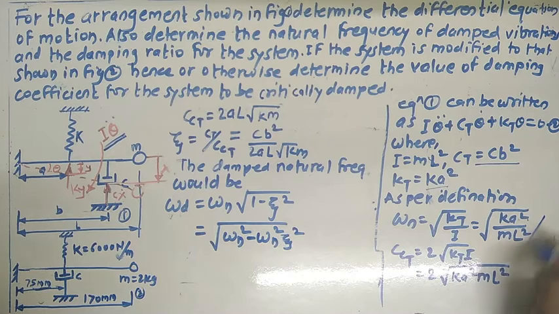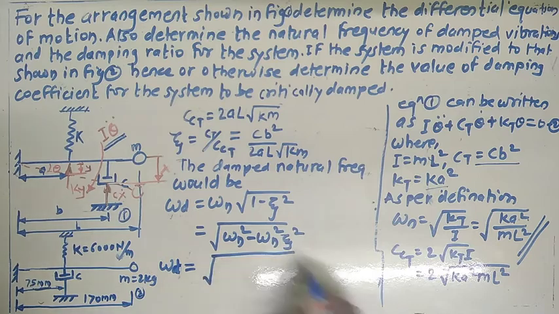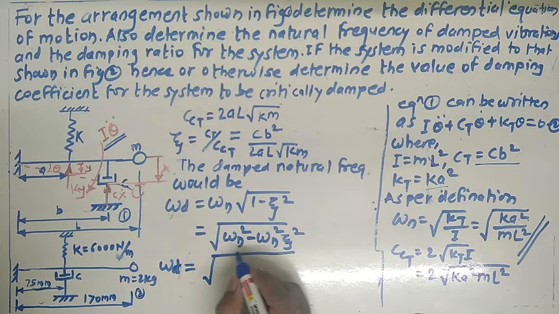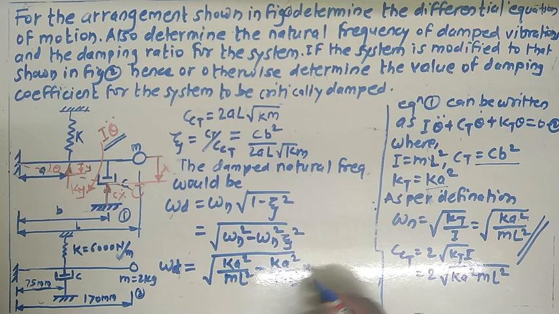Just simplify for omega d: omega n is nothing but root of ka square divided by ml square, minus once again omega n, the same term ka square divided by ml square, multiplied by the zeta term.